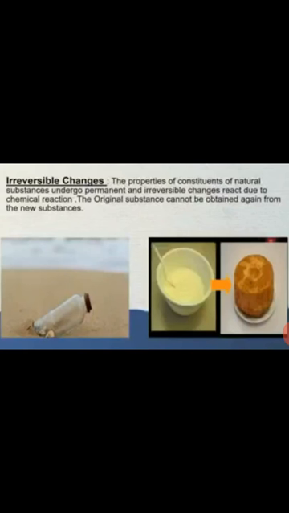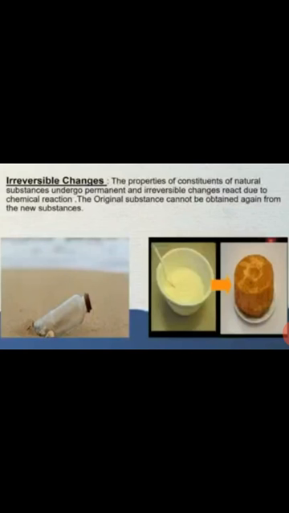While making man-made substances, the properties of the constituents undergo a change. These changes occur due to certain chemical reactions. These changes in the properties are permanent. As you can see, take glass, it is made up of calcium carbonate and sand. It is permanent.